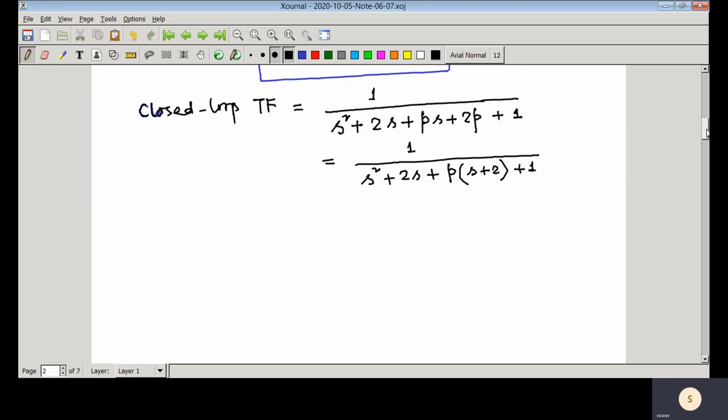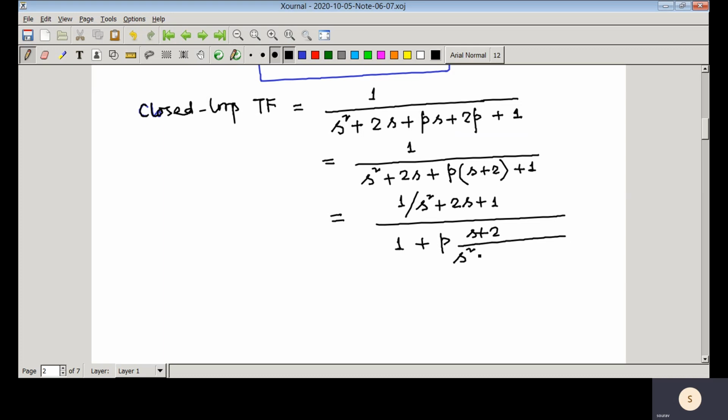Now we can divide numerator and denominator by s square plus 2s plus 1. So if we divide it, then we have 1 plus p into s plus 2 divided by s square plus 2s plus 1.